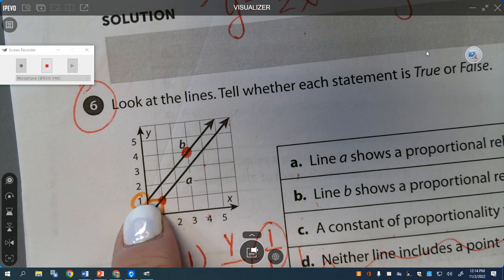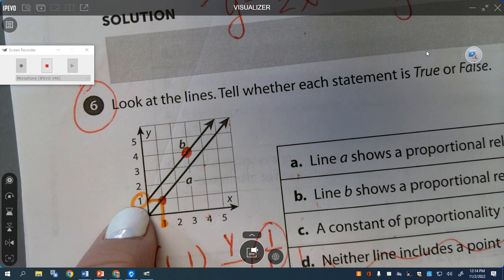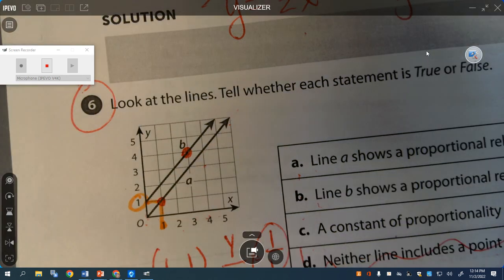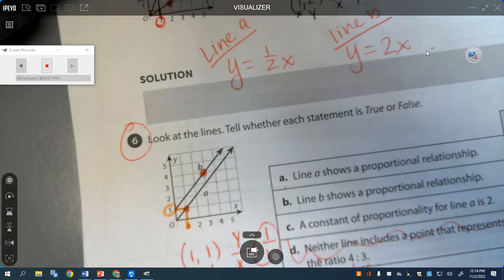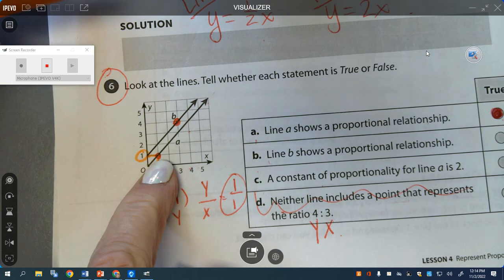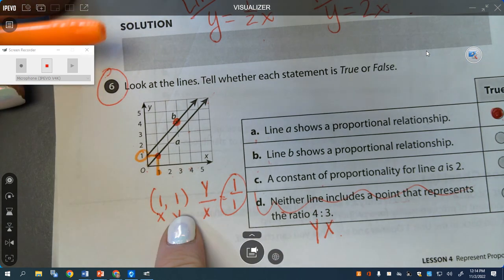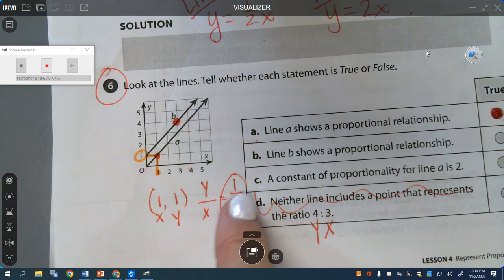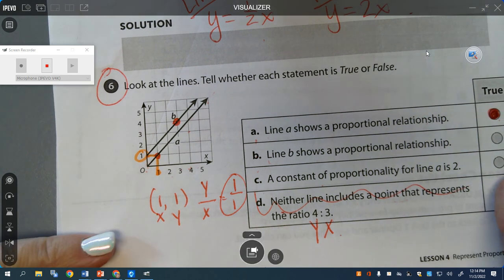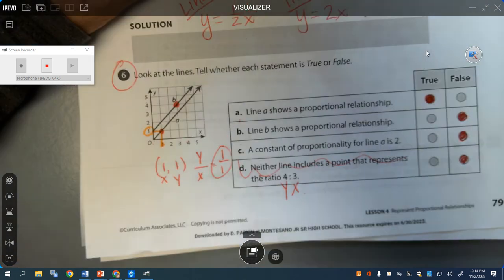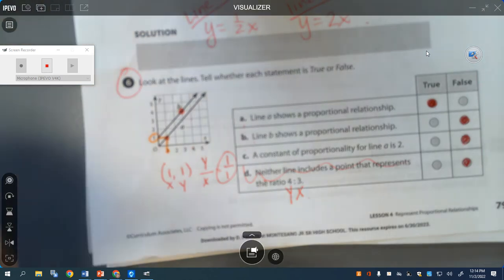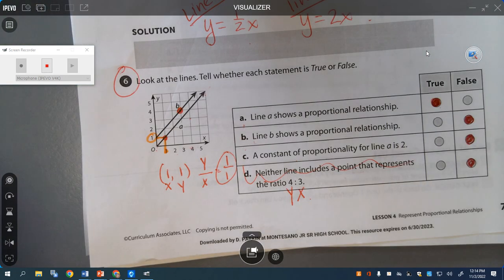What's my y value? 1. Now, if you don't know how to get that, this is a good ordered pair: (1, 1). Find the constant, y divided by x, which is 1. So this is false because the constant is not 2. Okay? Comments, questions, or concerns?